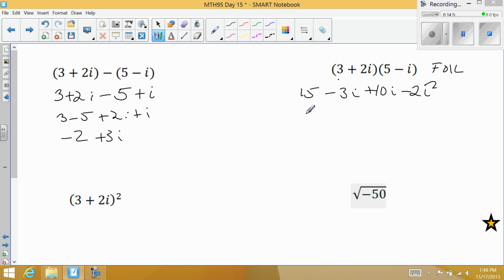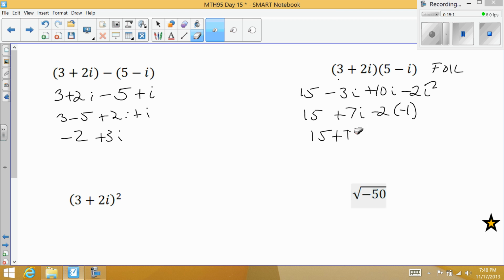Combining like terms, we've got, let's see, that would be a plus 7i. Subtract 2i squared, where i squared is equal to negative 1. So we've got 15 plus 7i, subtract 2 times negative 1 is a plus 2. So 17 plus 7i.